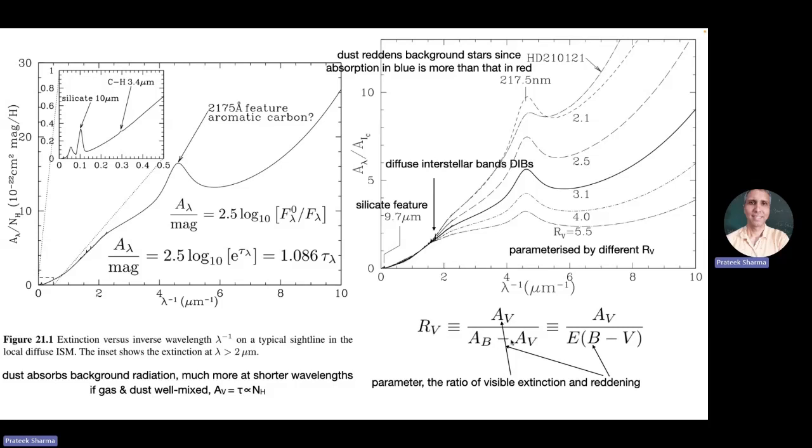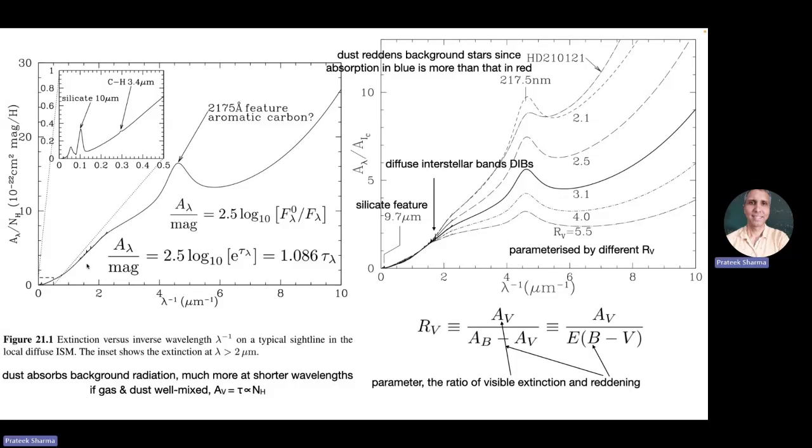You can have somewhat different extinctions along different directions, and that reflects some compositional variations of dust. If all the dust was universal, RV should have been a constant, because the more column you have, the more you absorb in V band, and the same goes for the difference between B and V band absorption. But that's not the case. You see a range of RVs in the real interstellar medium.